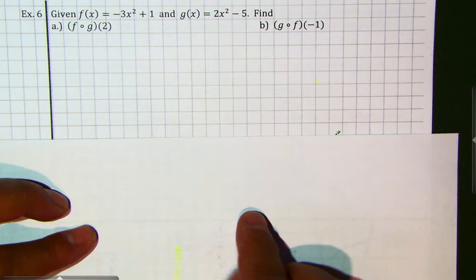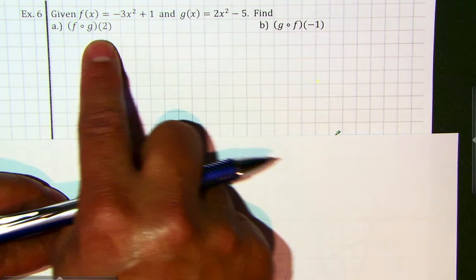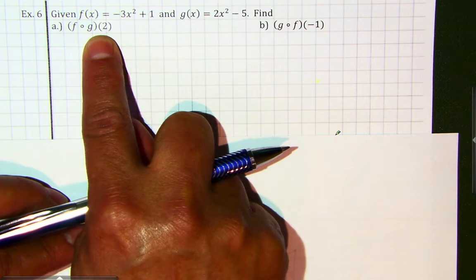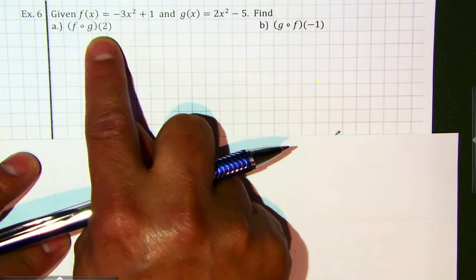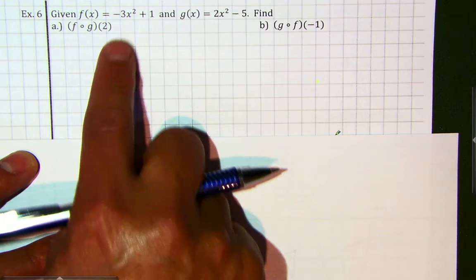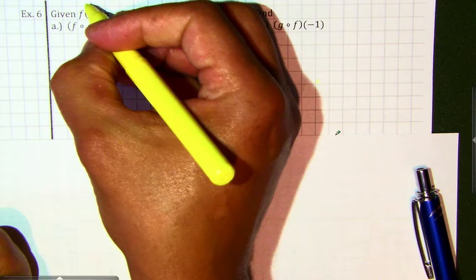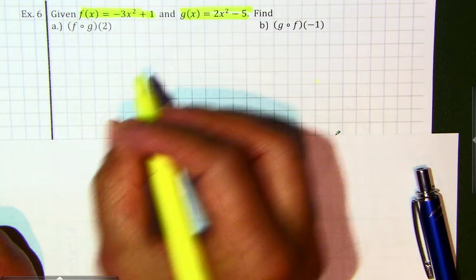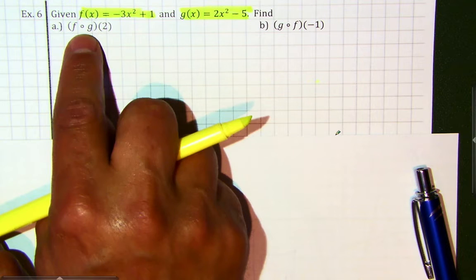So in this case, there are two ways that I can calculate this. For letter A, I'm just going to do it the easier way. We have two functions, f of x and g of x, and they're trying to find out what f of g of 2 is.